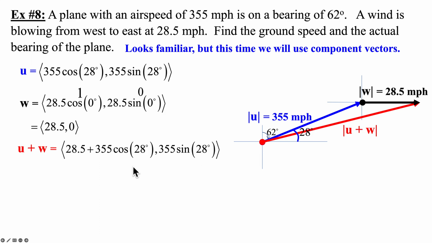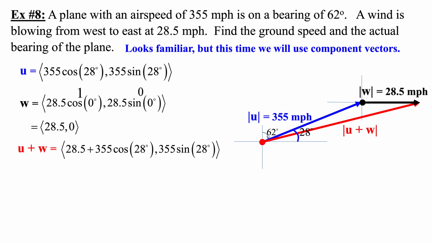U plus w vector is to take the 28.5 and add it to the 355 cosine of 28. There's my horizontal component. My vertical component, 0 plus 355 sine of 28, no change. I found the resultant vector.